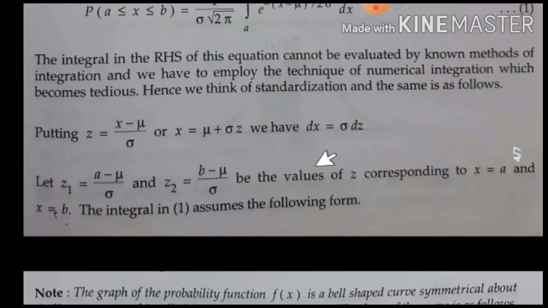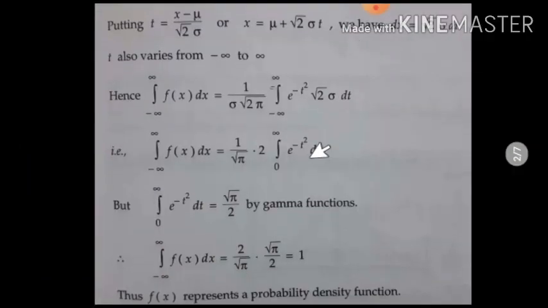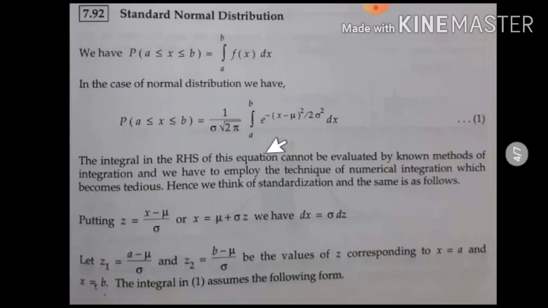Now here you might have observed that this integral can be evaluated for the limit minus infinity to infinity. But now we need to evaluate it for the limit a to b.